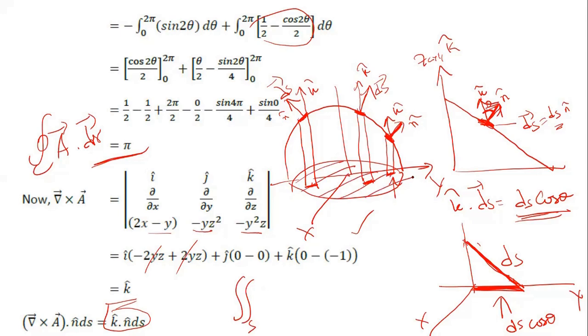It will simply give the area of this circle, because when you are integrating over this whole surface, that is, when you are integrating the projection of the ds vector on the xy plane, it will simply be the area of this circle.